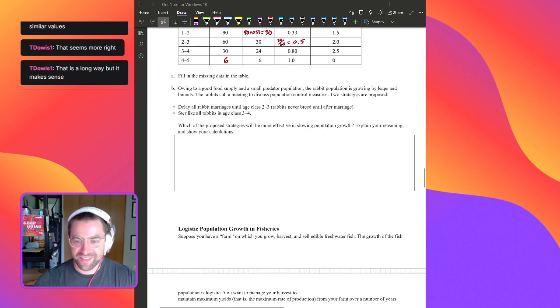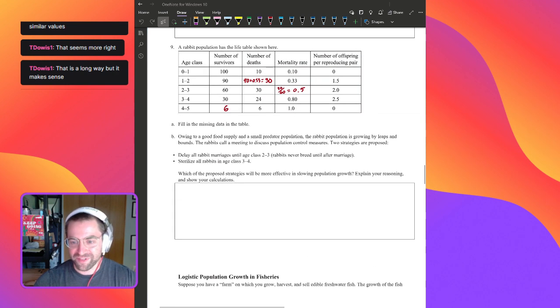So delay all rabbit marriages to class 2 and 3. Let's take a look at number of offspring per reproducing pair, right? This is the element of concern, I suppose. So in the first 2 years of their lives, each reproducing pair of rabbits will have an average of 1.5 offspring, right?